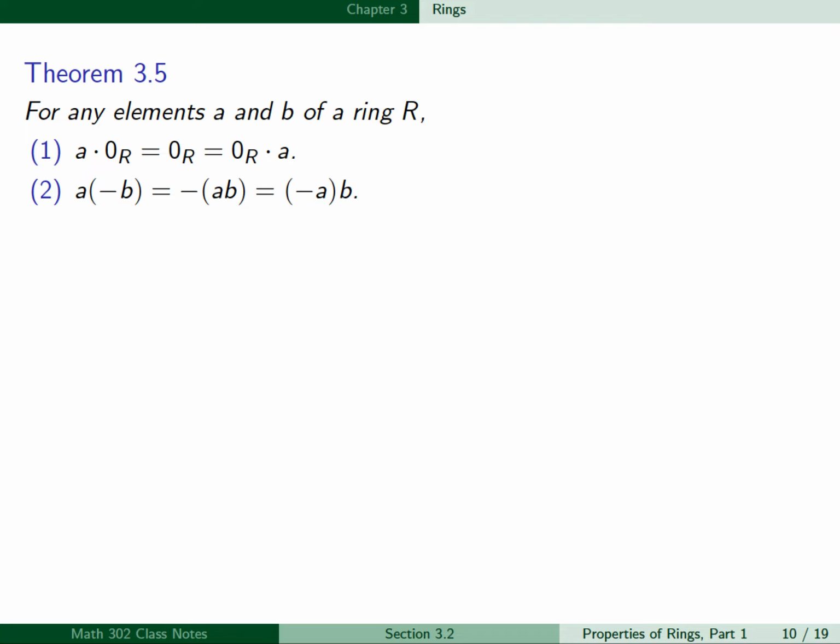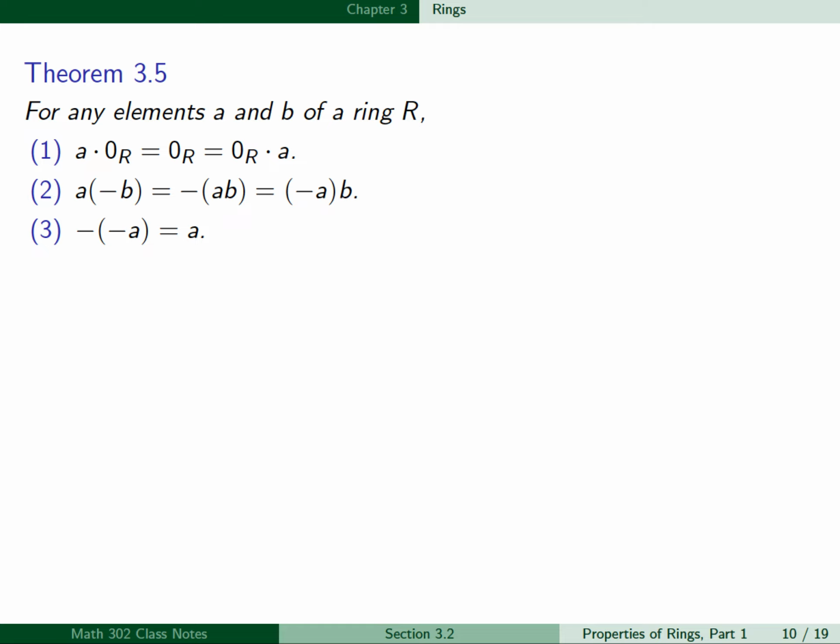Part 2 says A times minus B is equal to minus the quantity AB, and this is also equal to the quantity minus A times B. So if you have the product of two elements and one of them has a minus in front, or is the additive inverse of the element, that's going to translate to a minus in front of the product itself.